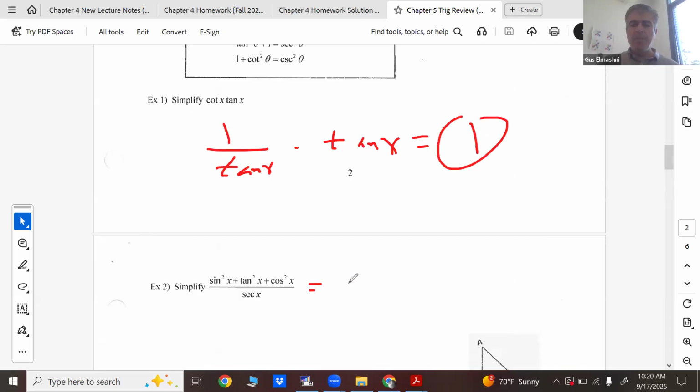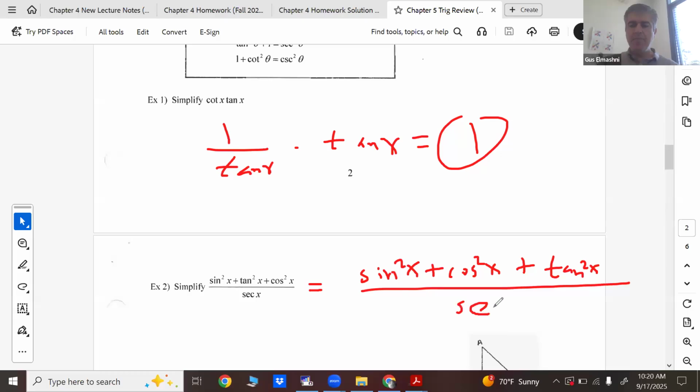Up top, you could rearrange it like this. So by doing a simple rearrangement, we'll do those first two trig expressions.